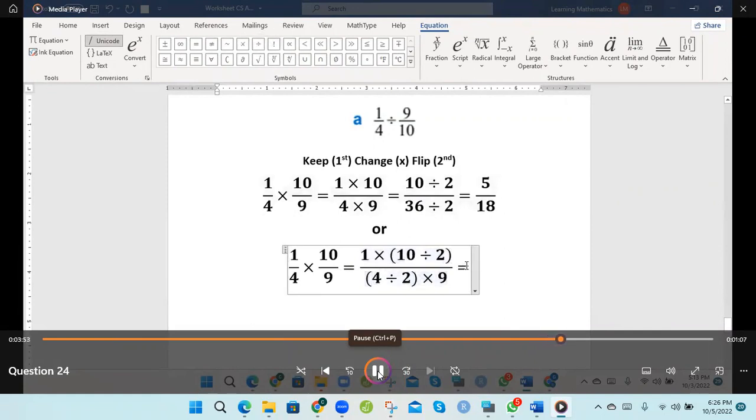So 10 divided by 2 is 5, 5 ones are 5, and 4 divided by 2 is 2, 2 nines are 18. So that's an alternative way you could have arrived at the same answer.